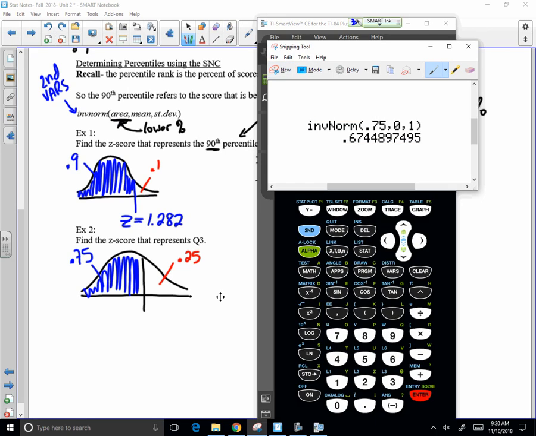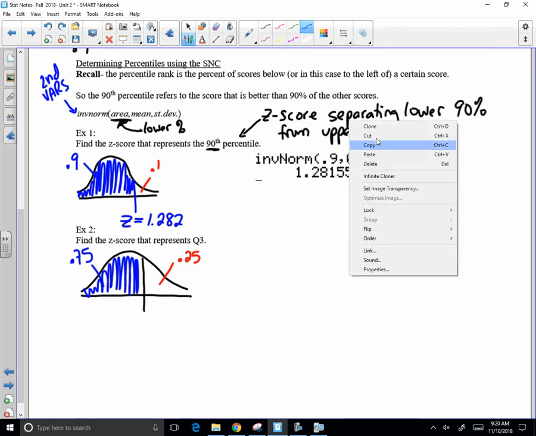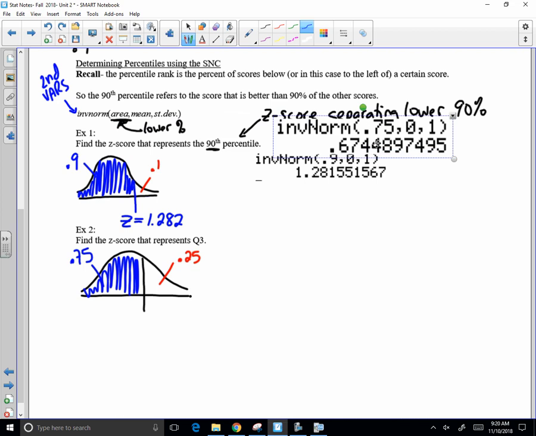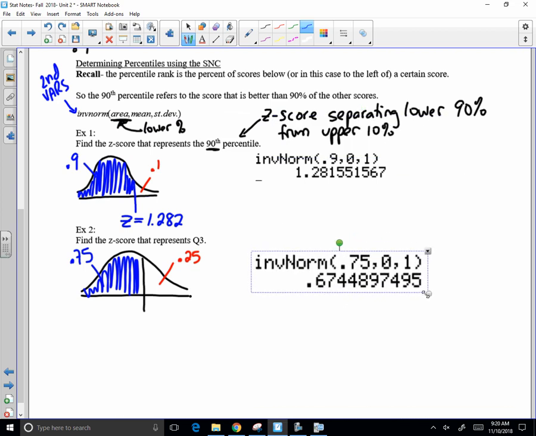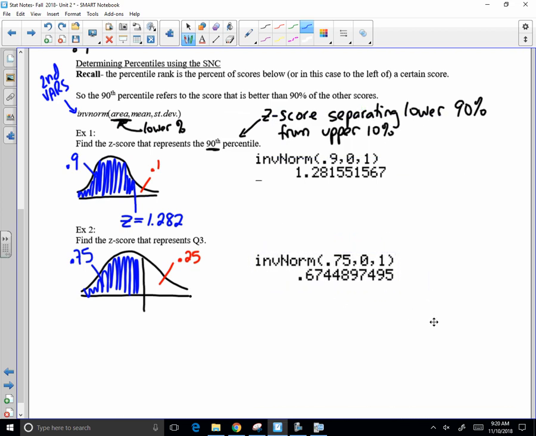Yeah, because that's the third quartile. I should have mentioned that. That's my bad. So Q2 would be 50%. Correct.